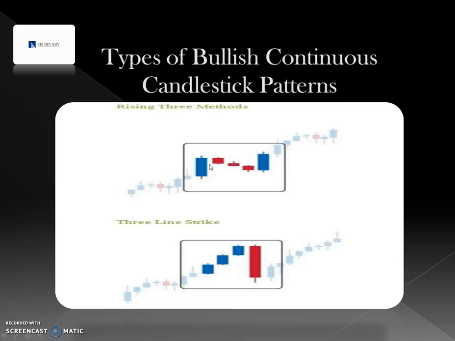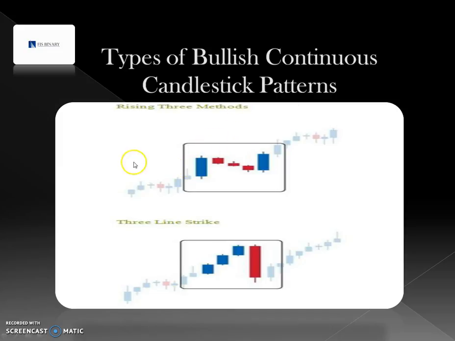Now it forms by a bullish candlestick forming first, followed by a bearish candlestick, then followed by another candlestick. This second candlestick can either be bullish or bearish, but if it's a bearish candlestick, it confirms and gives a much stronger signal.